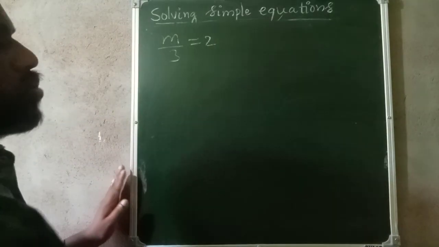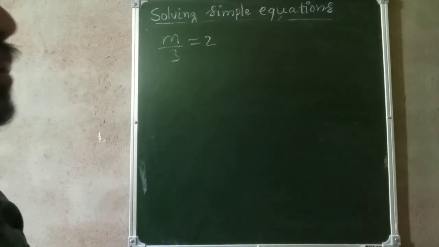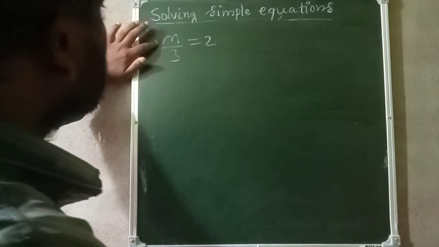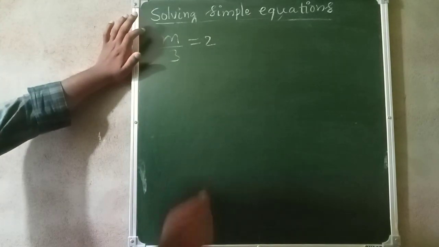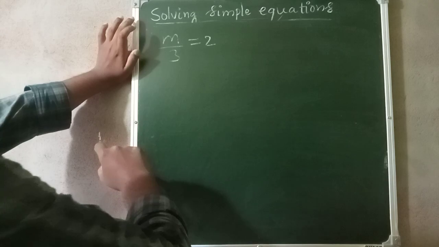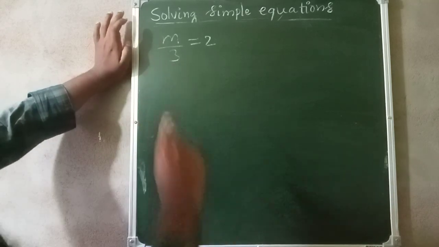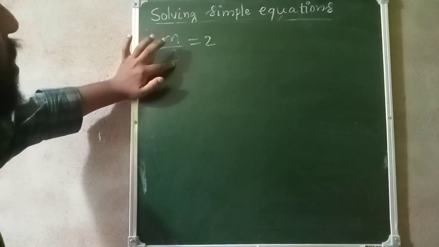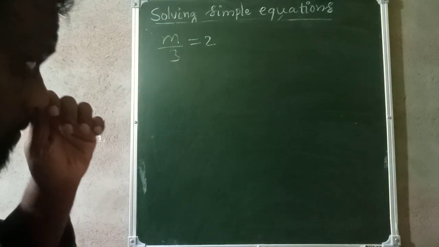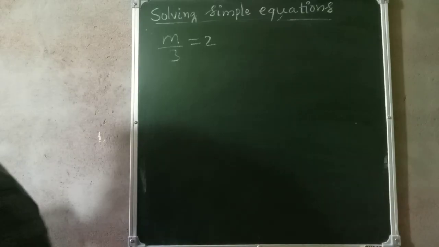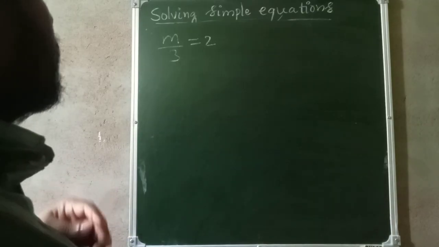So how to find m? See here, we want m. We don't want this 3, which is m divided by 3.